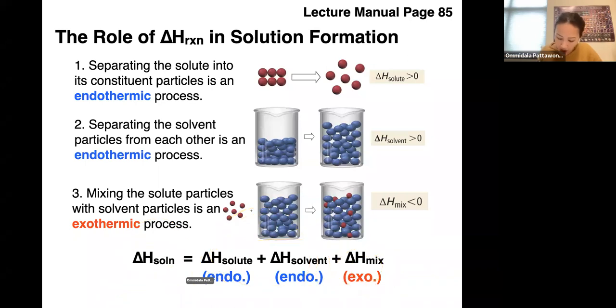However, if you have a huge exothermic value, which means a very strong interaction between solute and solvent, when you mix them you have a huge negative value. When you add a small positive, of course the overall enthalpy change of the solution would come out negative. So again, whether the delta H of solution would be negative or positive is going to depend on the relative strength between the endothermic and exothermic processes.